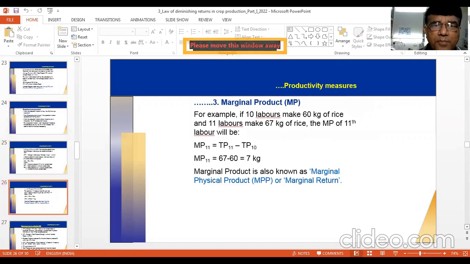For example, if 10 laborers make 60 kg of rice and 11 laborers make 67 kg of rice, the marginal product of the 11th labor will be TP11 minus TP10. So MP11 is equal to 67 minus 60, which is 7 kg. Marginal product is also known as marginal physical product or marginal return. Marginal here means additional return by employing one additional unit.